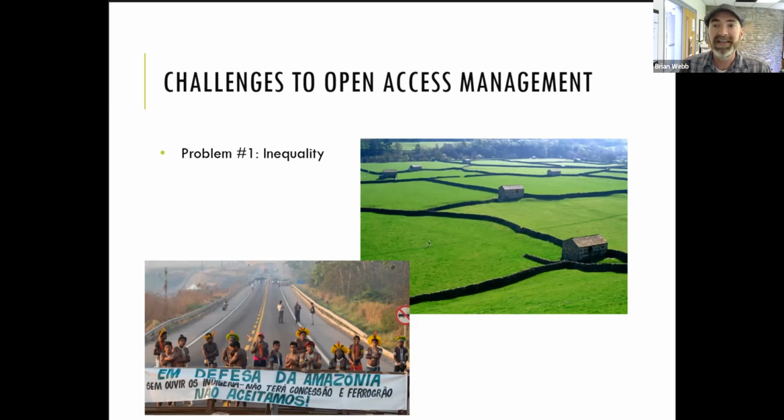What we tend to see is that groups that don't have power tend to get excluded from these kinds of open access regimes. For example, indigenous groups very frequently are on the outside and are not included in the process of managing common pool resources. And very frequently, indigenous groups are the ones who have been using those resources in a sustainable way.